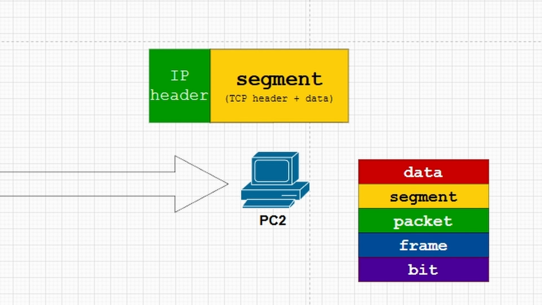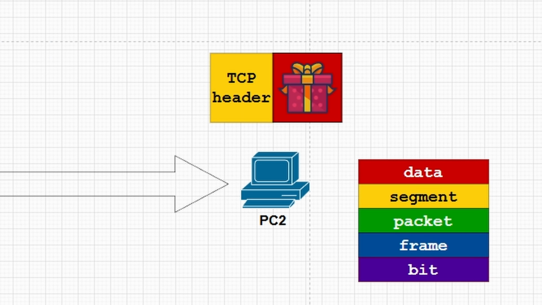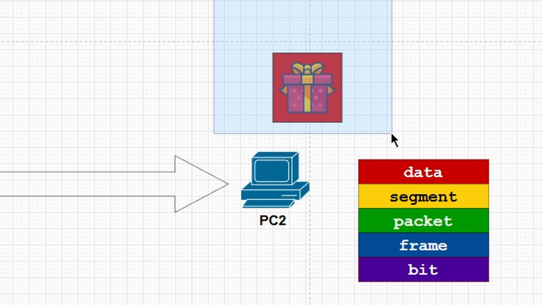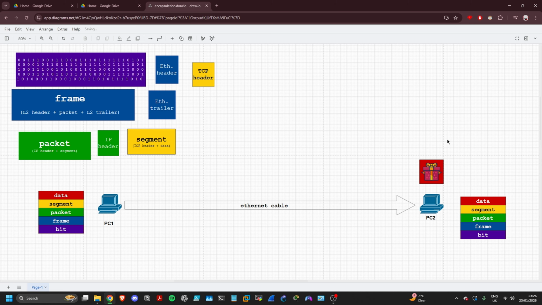We will now decapsulate this packet by taking away the IP header, leaving us with the segment which has the TCP header and the data. Then we'll decapsulate this segment by taking away the TCP header, and we are now left with the data. PC2 has now finally fully opened the gift. That is, PC2 has now fully decapsulated these bits to reveal the data.